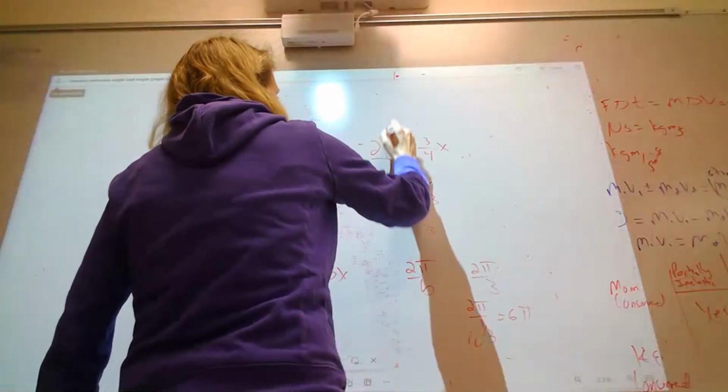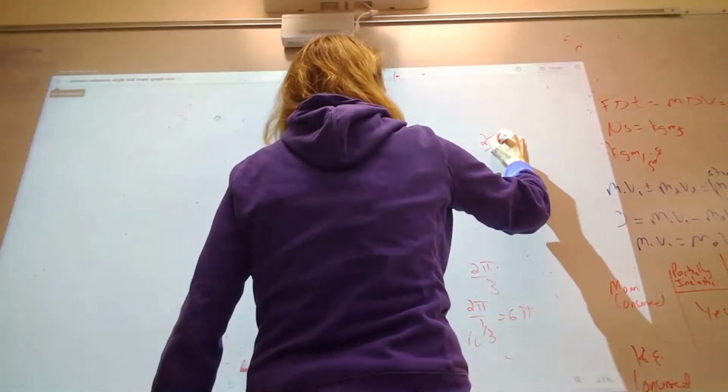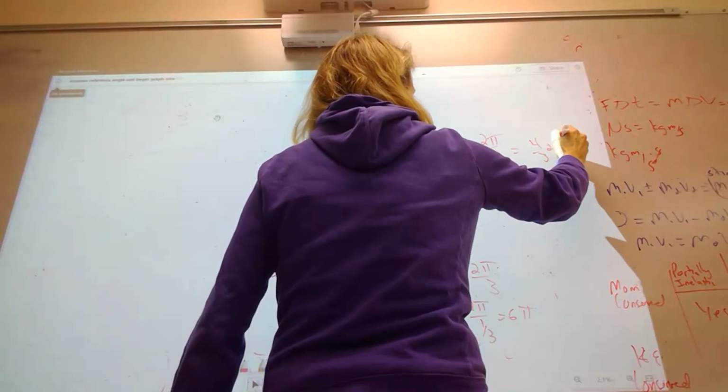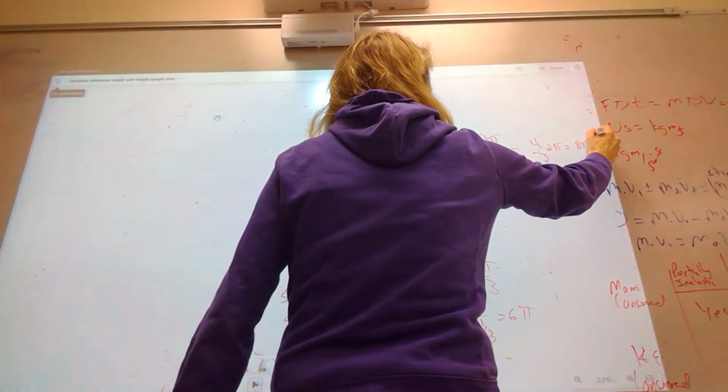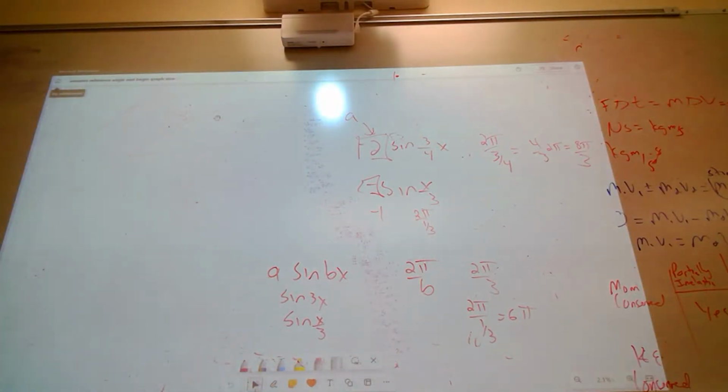Your amplitude is 2, and your period is 2 pi divided by 3/4, which is 4/3 times 2 pi, which is 8 pi over 3. So all you do is take the number next to the x, divide 2 pi by that to get your period, and the number next to the sine is your amplitude, and we take the absolute value.